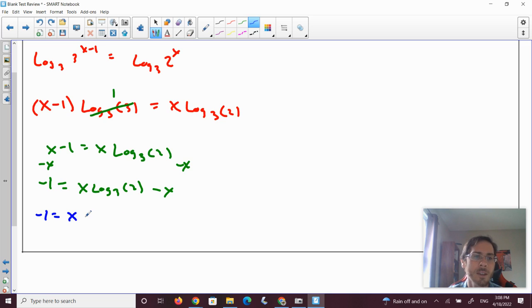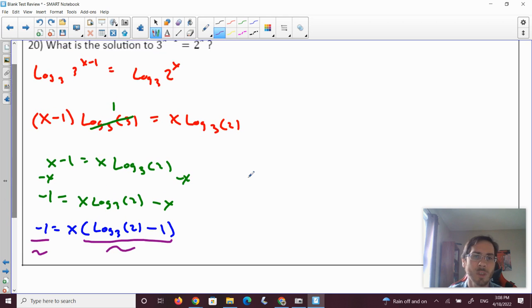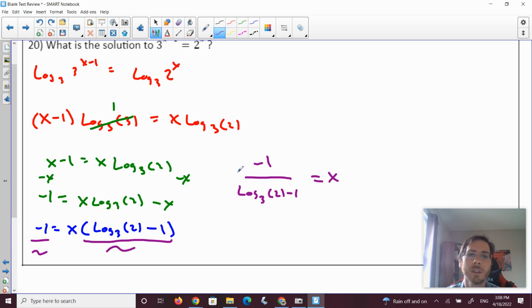So since these both have x with them, I'm going to do x, and this one, if I divide it by x, I'm going to have log base 3 of 2. If I divide this one by x, I'm going to have 1. And now to get the x by itself, it's actually really easy. I just divide by this giant piece of junk that I have right here. So that's actually not too bad. Negative 1 over log base 3 of 2 minus 1 equals x.